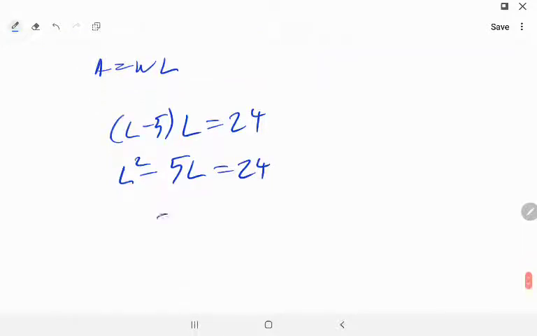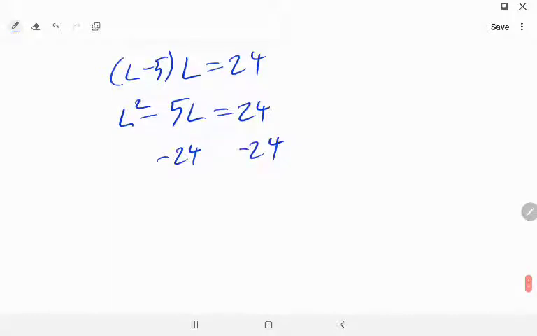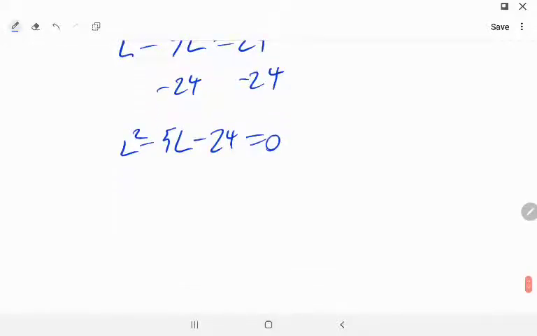We're going to subtract 24 from both sides. We notice that L squared minus 5L minus 24 has to be 0. And so we're going to get negative 24 is equal to negative 8 times positive 3.